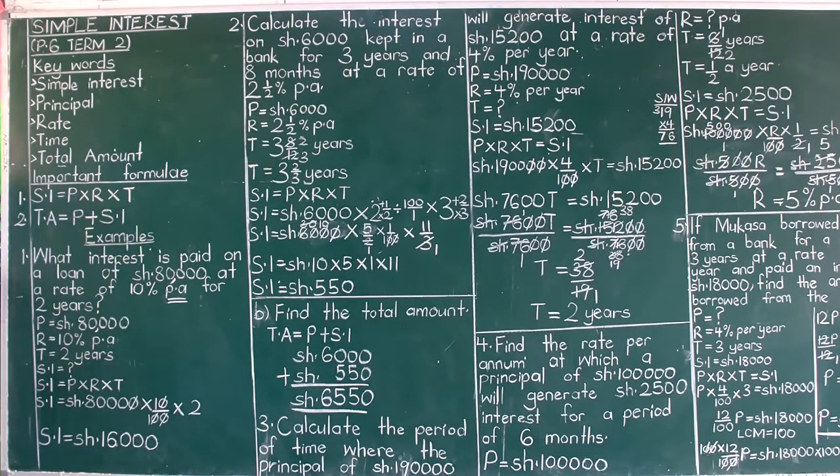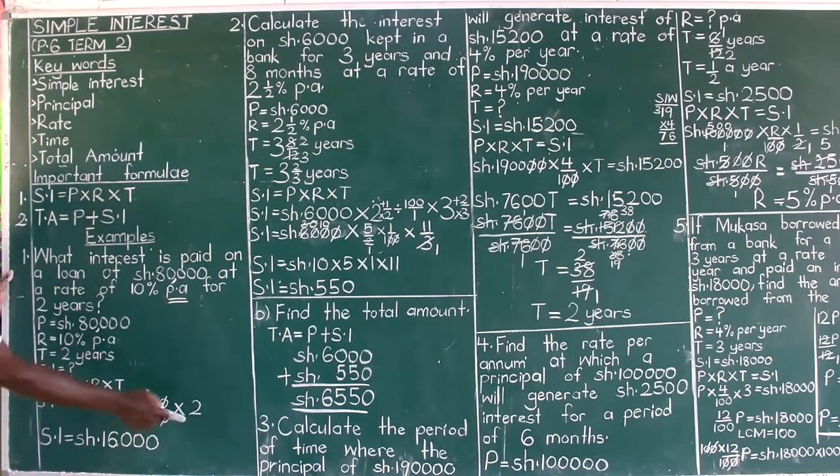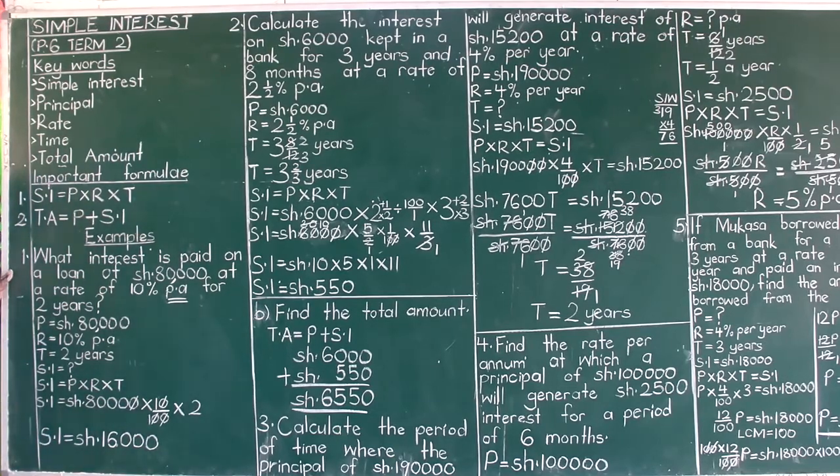Simple interest equals this principal, 80,000 shillings, times the rate, which is 10%. Remember, I said percentages are fractions. Write 10% as a fraction. That's 10 out of 100 times the time, which is 2. It's 2 years, but don't put years, for we need only 1 unit in simple interest, which is shillings, like we are in Uganda here.